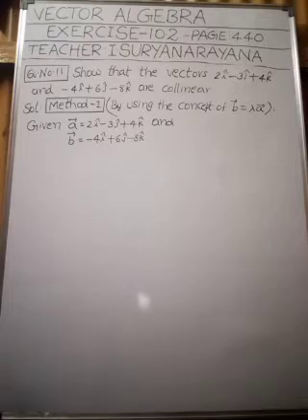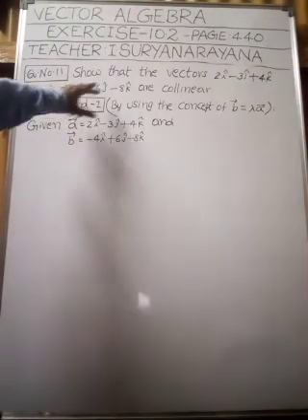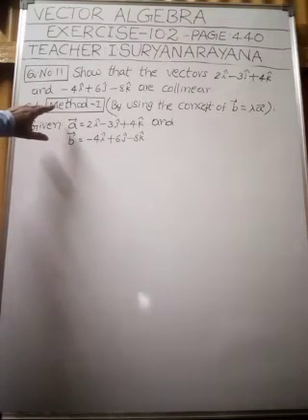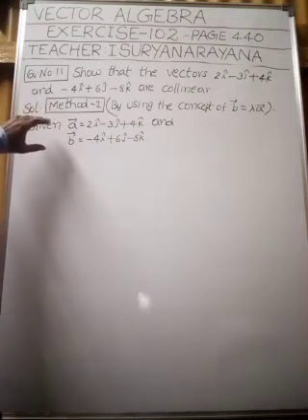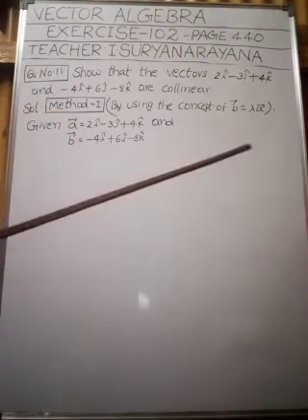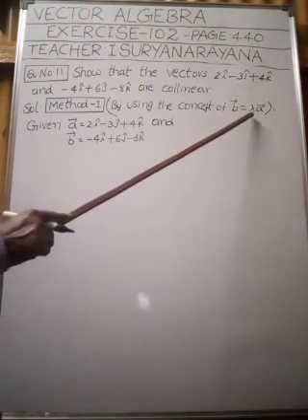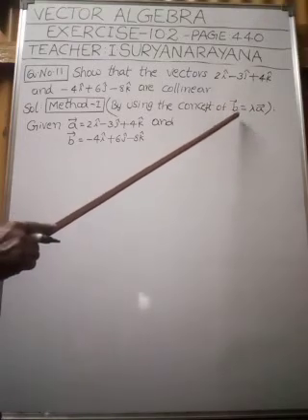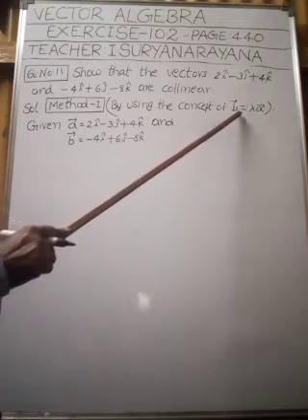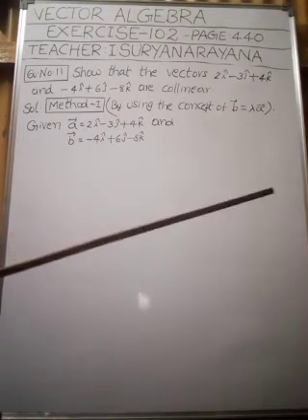There are two methods to show that two vectors are collinear. Here I am explaining the first method. After that I will explain the second method also. In this first method I am using the concept of b bar is equal to lambda into a bar. If one vector is equal to some constant into another vector, then we say that the two vectors are collinear.